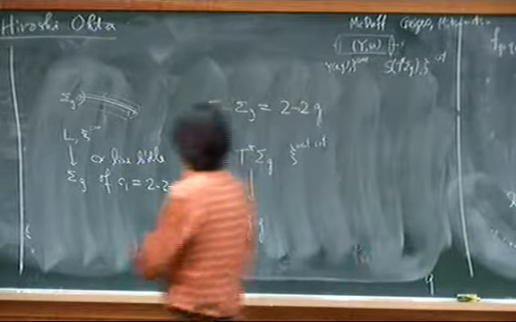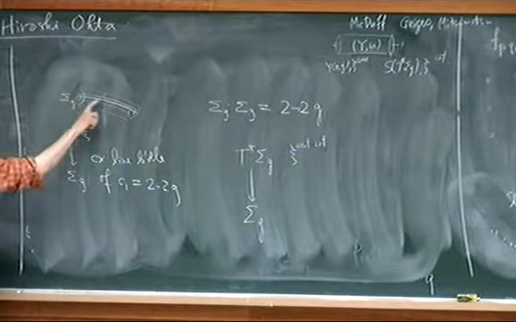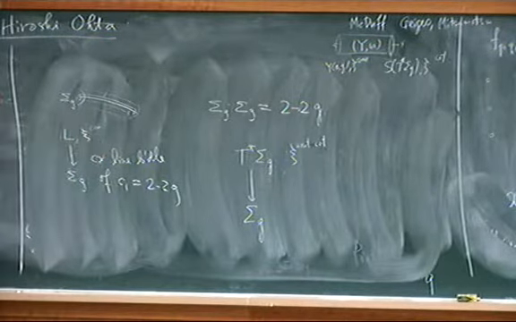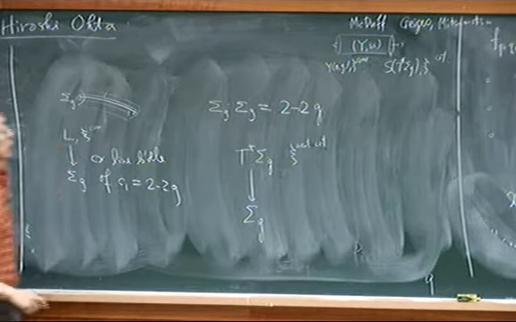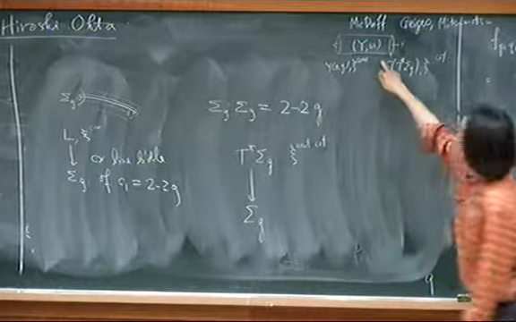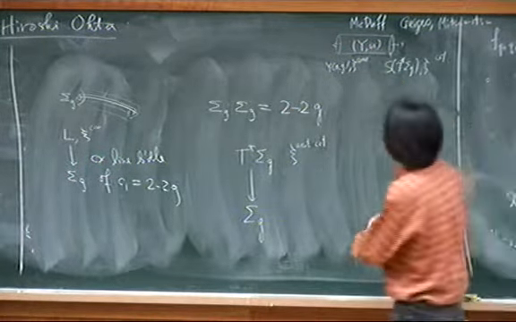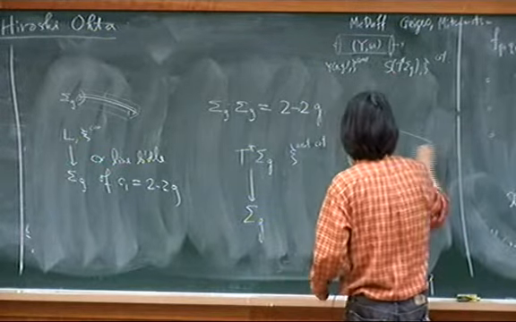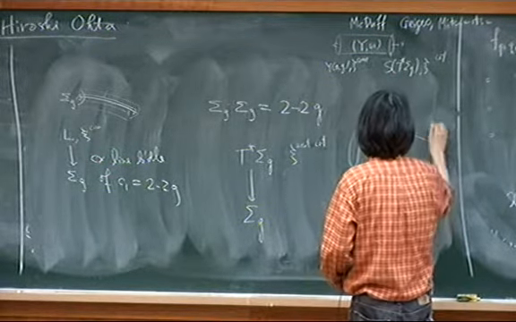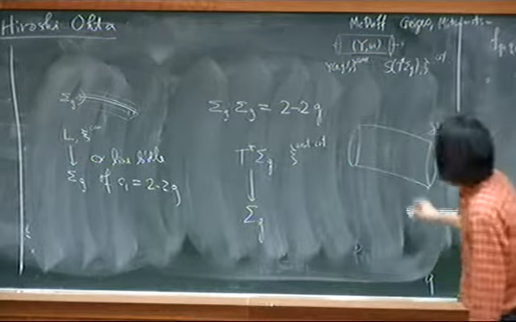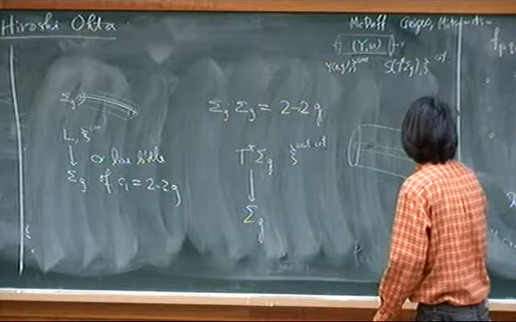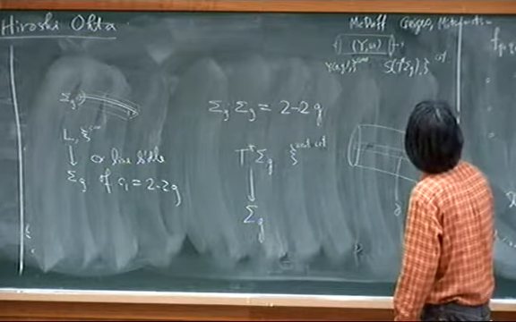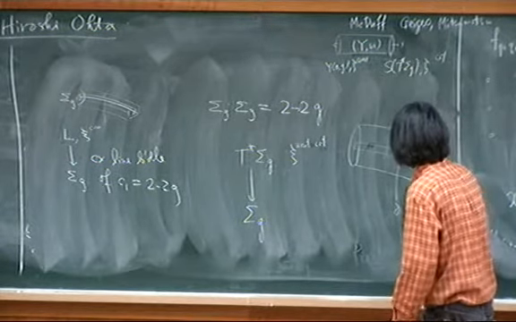And so you remove a smaller tubular neighborhood of this and glue in this. And then originally we have something like this. This is a boundary Y. And inside we have the boundary of this unit cotangent bundle.